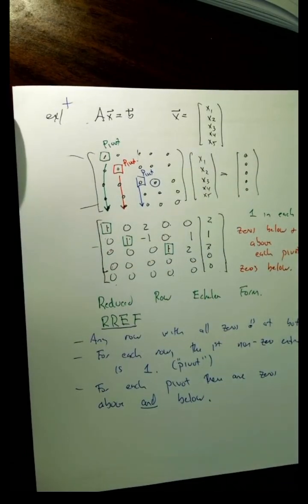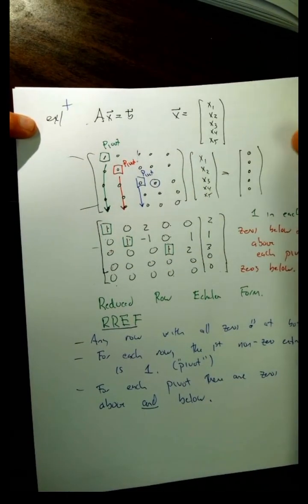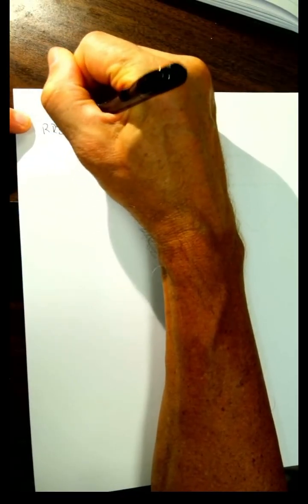Okay. If all of these things are true, then we will say the matrix is in reduced row echelon form. And why is that important? If I have something in reduced row echelon form, I can tell you about the solution.